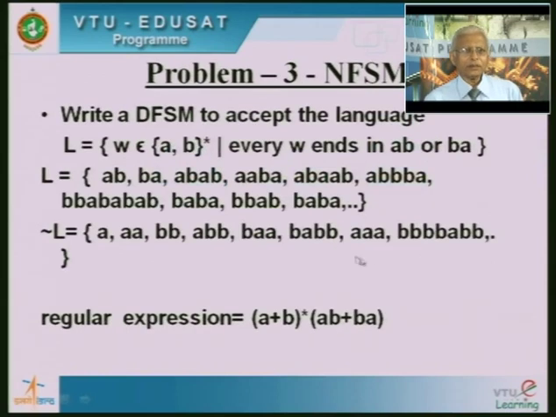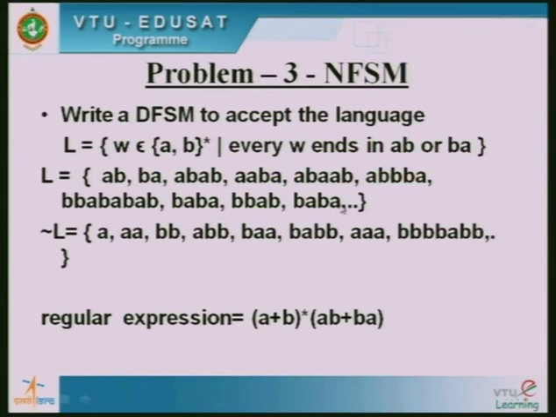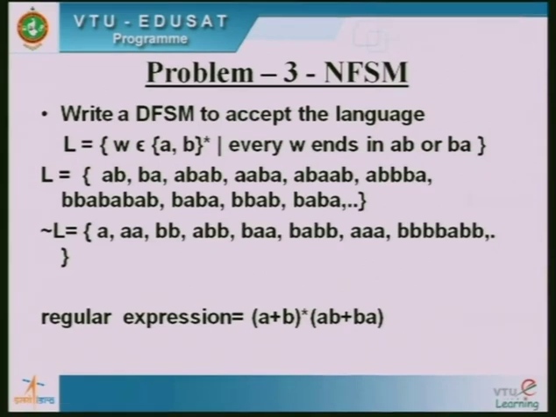Now, coming to the third example, write a non-deterministic finite state machine. Problem 3: accept the language L is equal to {a, b}*, where every W ends in ab or ba.